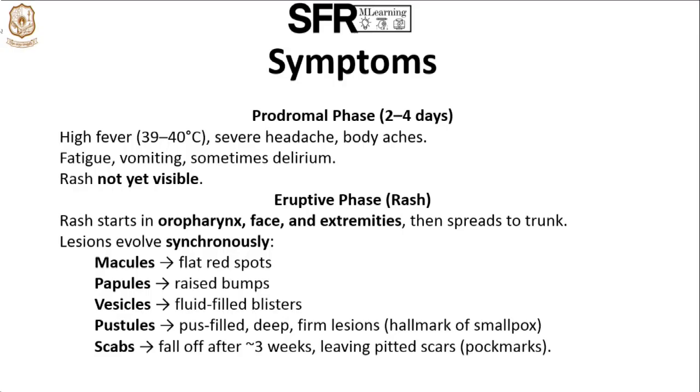In these cases, rashes are not visible. In the eruptive phase, after the 5th day, rashes start in the oropharynx and the extremities, and lesions evolve synchronously. The lesions are macules, papules, vesicles, pustules and scabs.